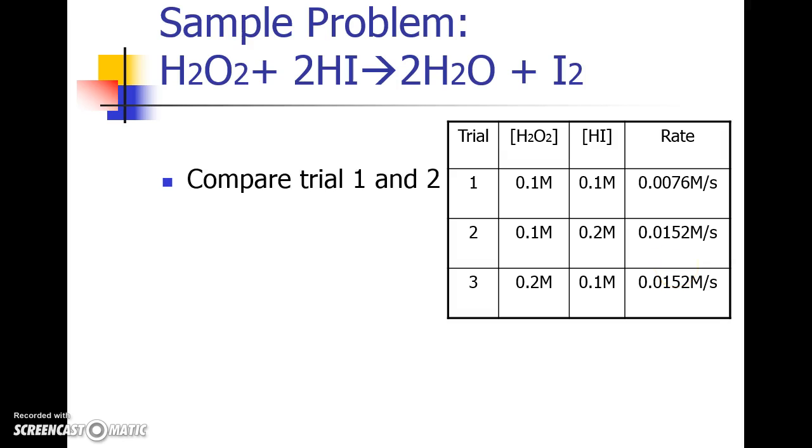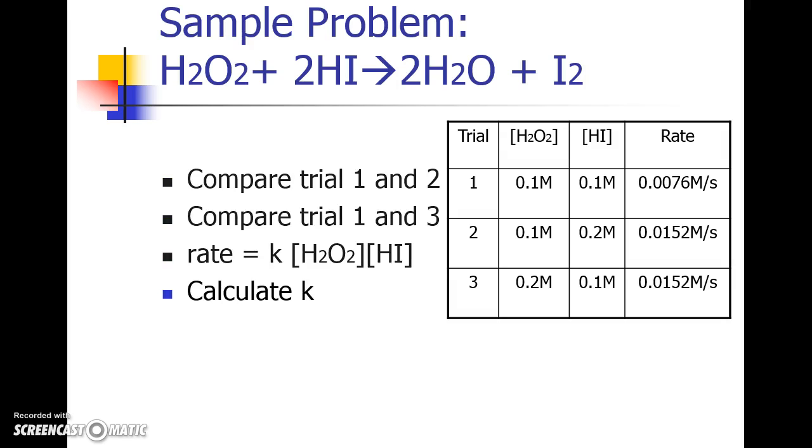So we're going to compare trials 1 and 2. And so I'm going to go ahead and put the rest of these things up here so then I can show you with my work down below what we need to do. We're going to compare trials 1 and 2. And if we look at it, the H2O2 is held constant.